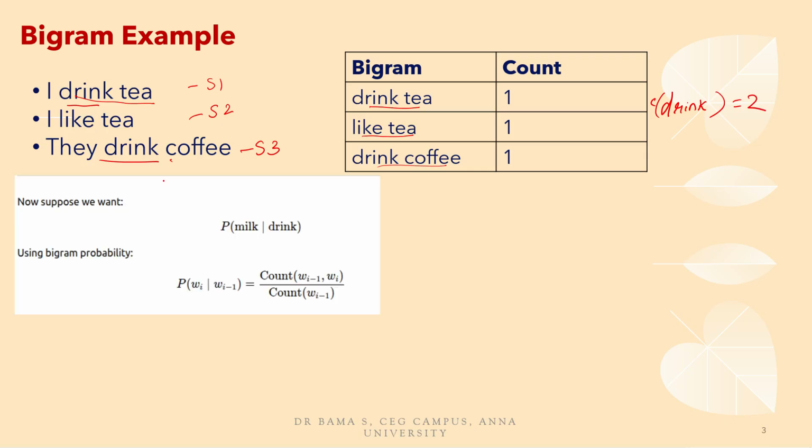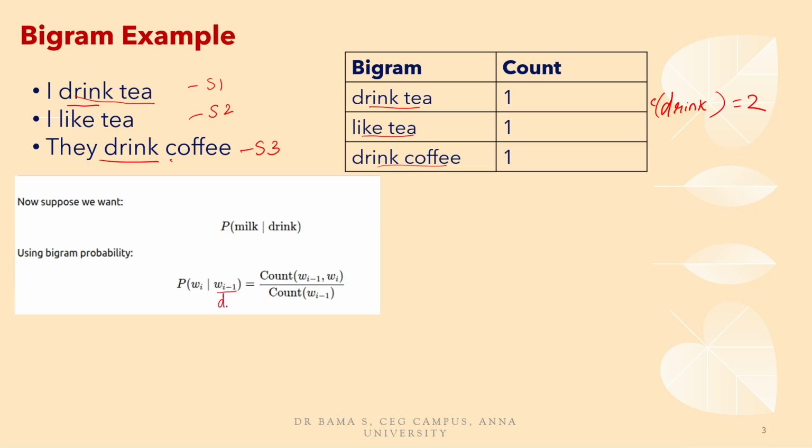For this, if we compute the bigram probability, like last time we discussed the probability of milk given drink, which is the conditional probability, using the bigram probability of Wi given Wi minus 1. It is the count of Wi minus 1 followed by Wi, divided by the count of Wi minus 1. In this case, Wi is milk and Wi minus 1 is drink.